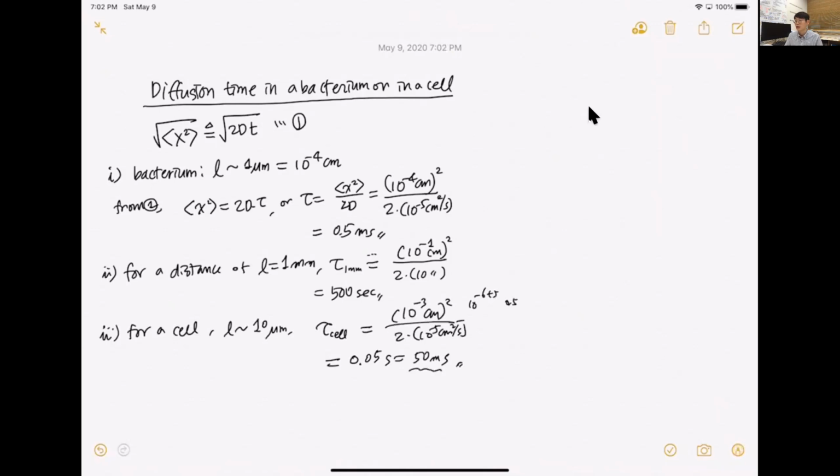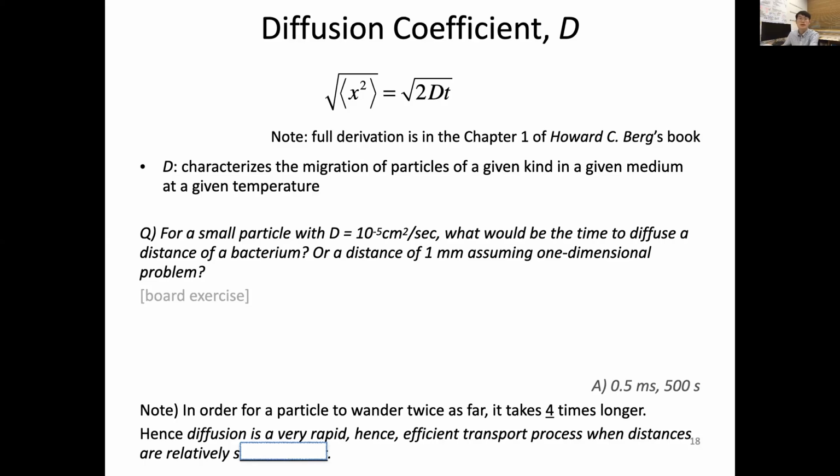That's pretty short. Now we understand that at the small scale of 1 micron bacteria size and 10 micrometer cell size, diffusion is effective enough, because it takes only about half a millisecond to tens of milliseconds to move around. So a small particle diffusing a distance of a bacterium or a cell takes about 0.5 milliseconds, very effective.